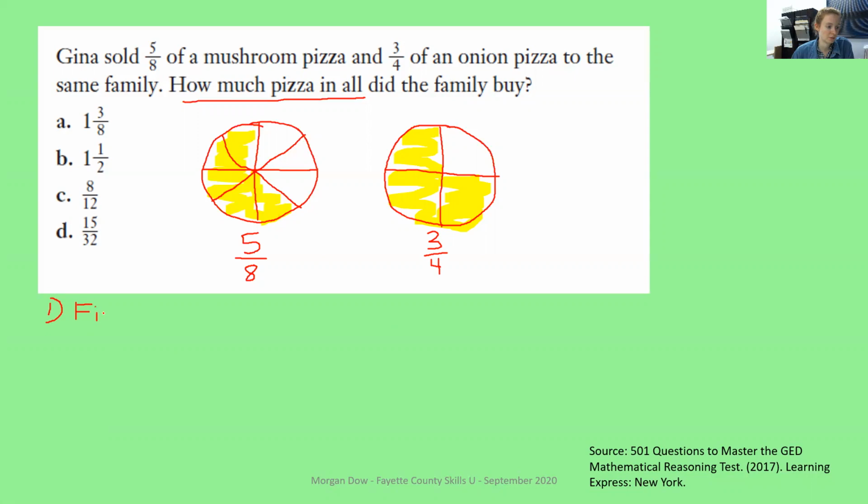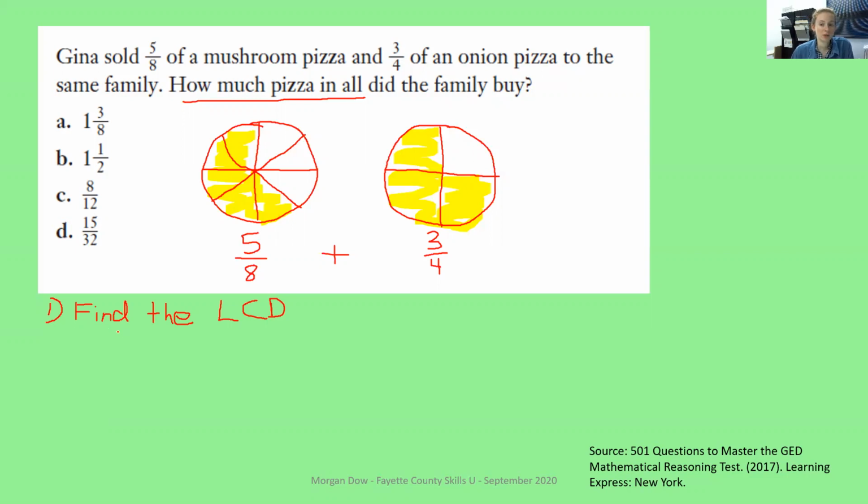So our first step in this problem is to find the least common denominator of the fractions that we want to add together. They must have a common denominator before we add. So what is the least common denominator of 8 and 4?